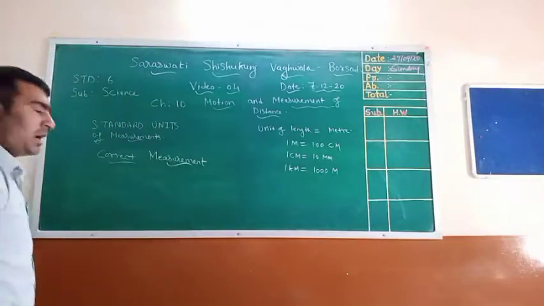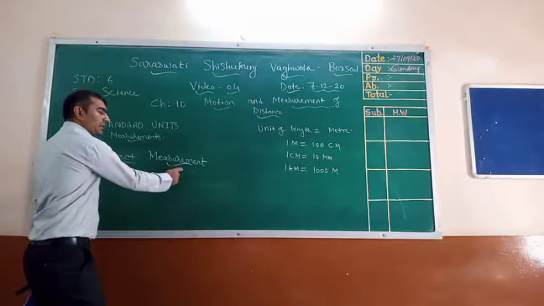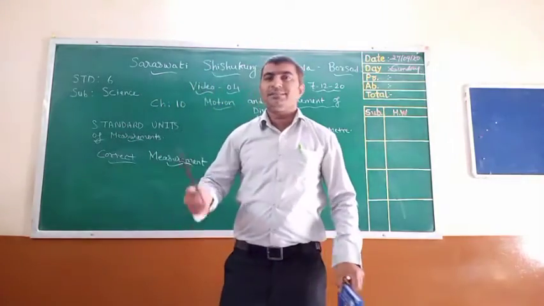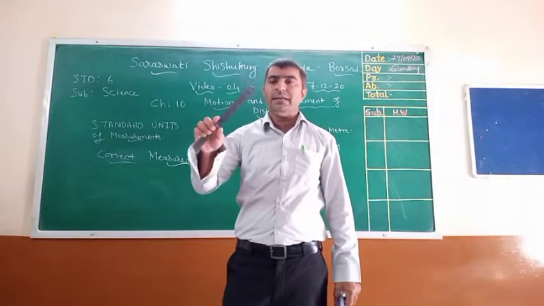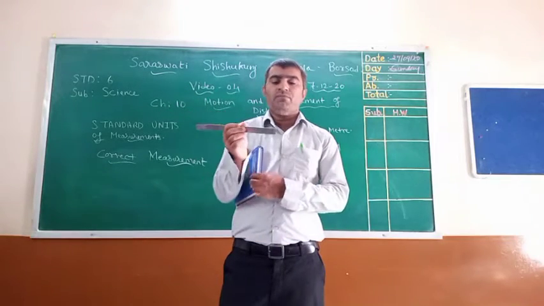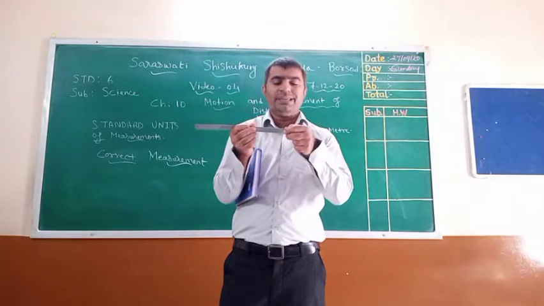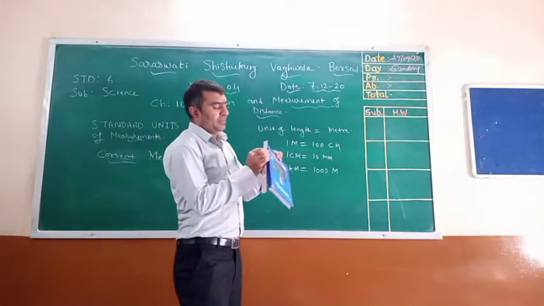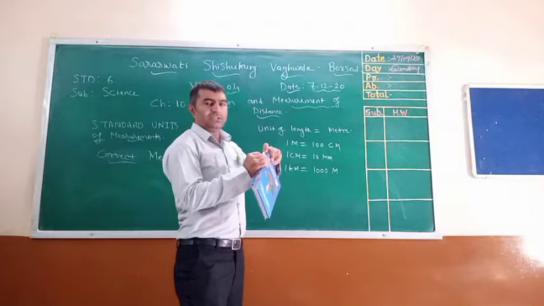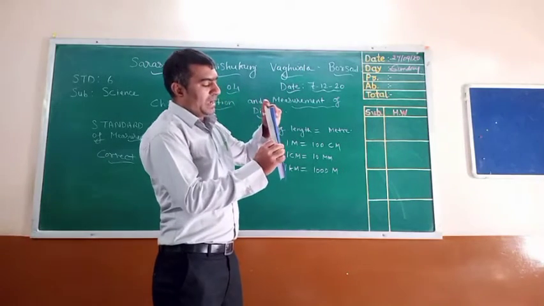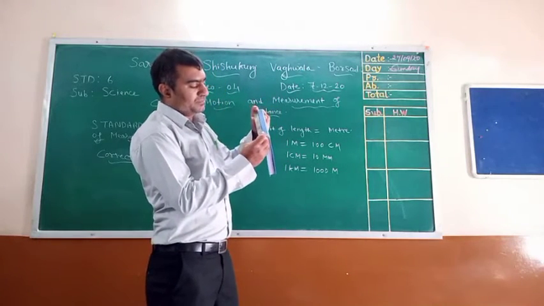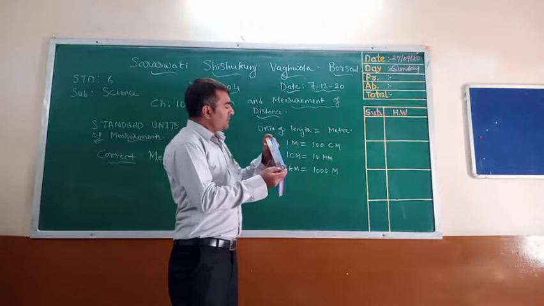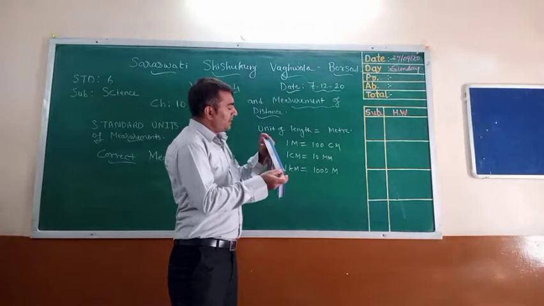Now we will see how to take a correct measurement. Suppose there is a scale and the scale is broken. One mark is not there, so the scale starts from 2. We cannot see the 1 mark, so we will keep it like this from 2.